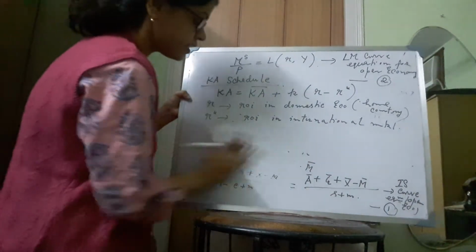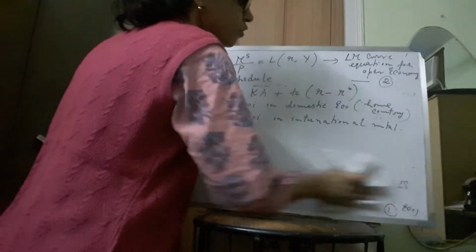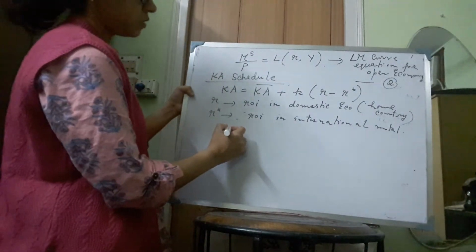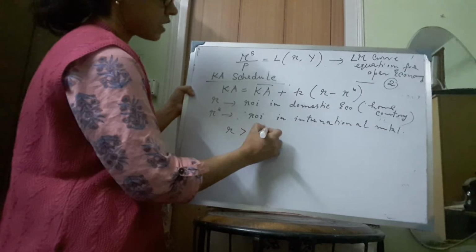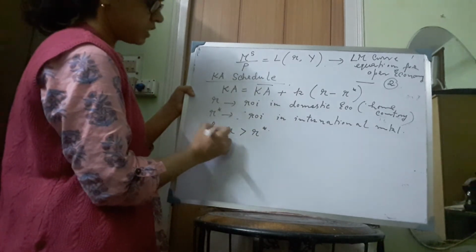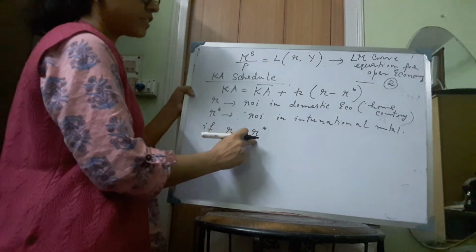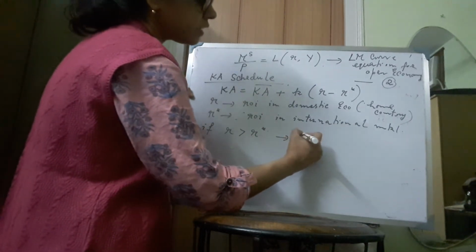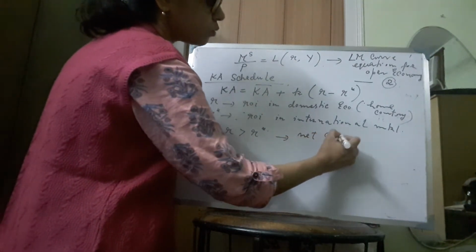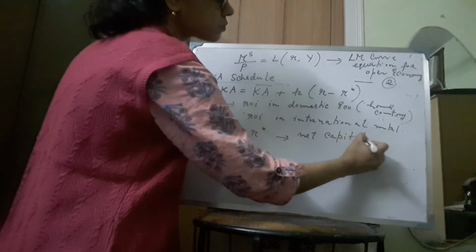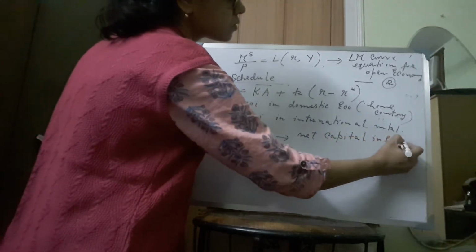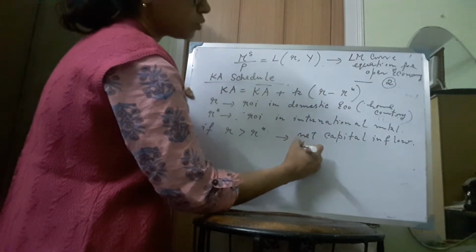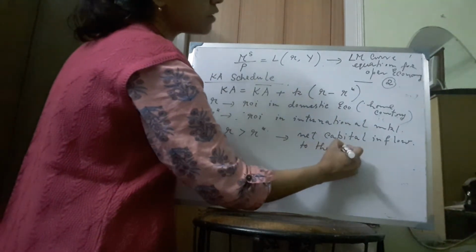Now if r is greater than r star, that is, the domestic rate of interest is greater than the internationally fixed rate of interest, then there will be a net capital inflow to the home country.